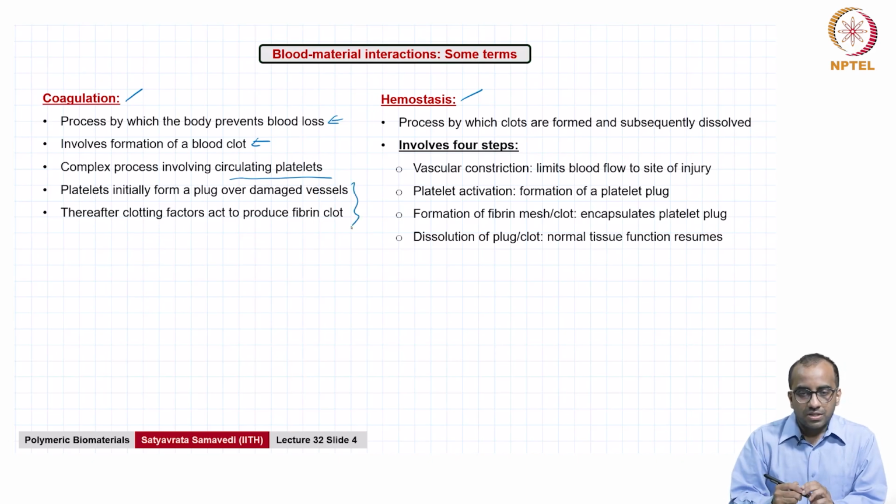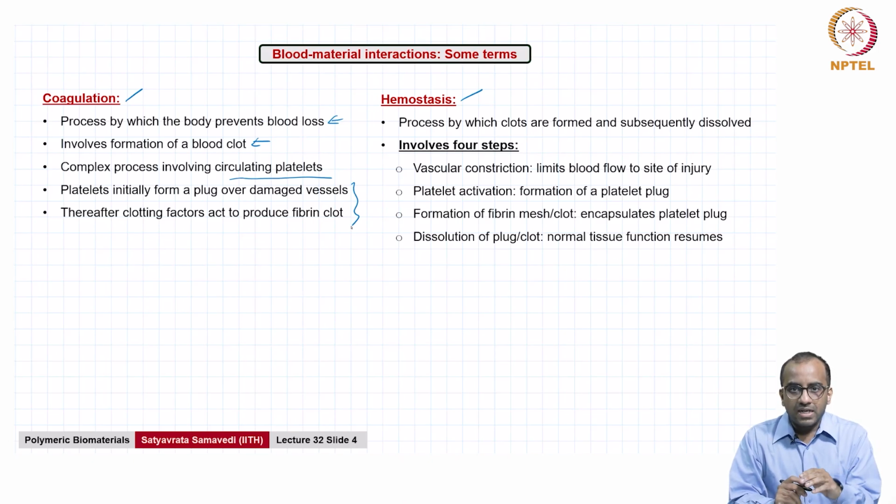This process of coagulation is typically seen in a normal wound healing response. When you have an injury, this is typically seen and it will resolve over time. And a closely related word that you will hear often is hemostasis. This is sort of an umbrella term that describes the delicate balance between processes that form clots and processes that dissolve or resolve clots.